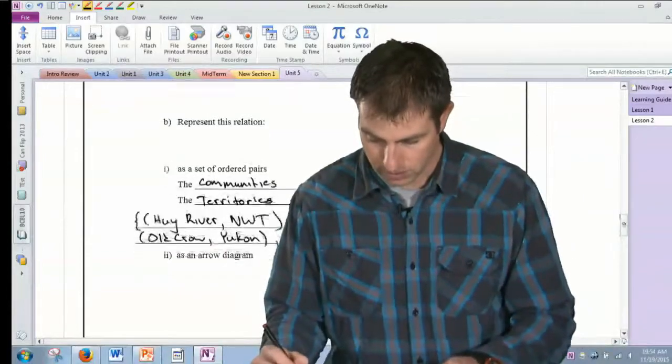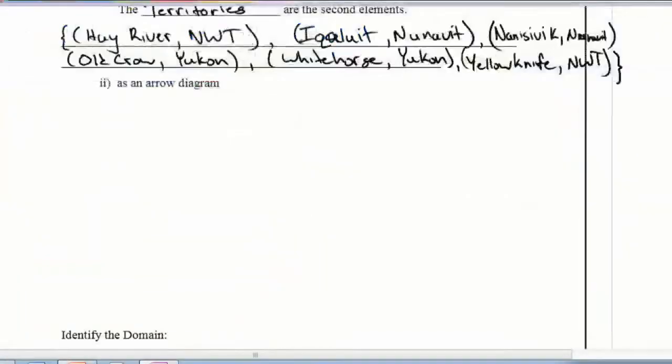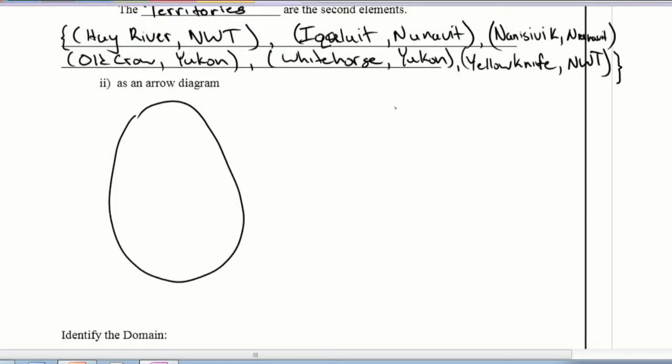So let's draw some ovals. That's not going to be big enough. One oval. There's my other oval. So in the first oval, I'm going to write all the elements of my first set. So my first set was all the cities.